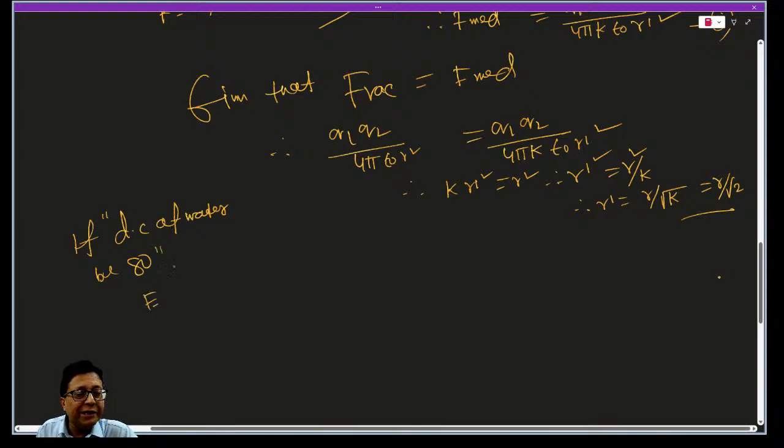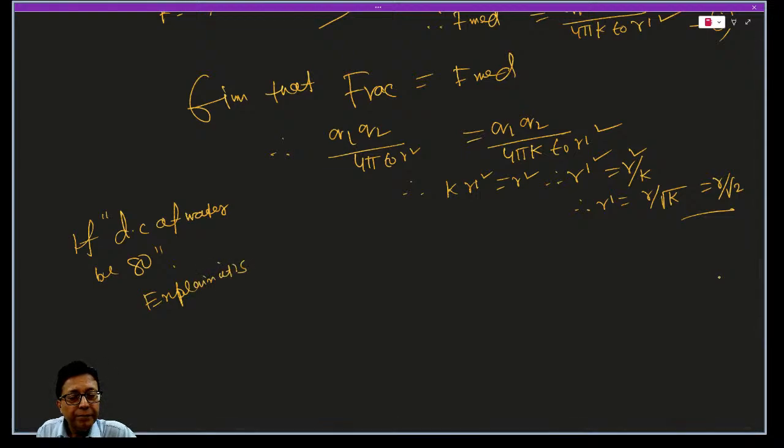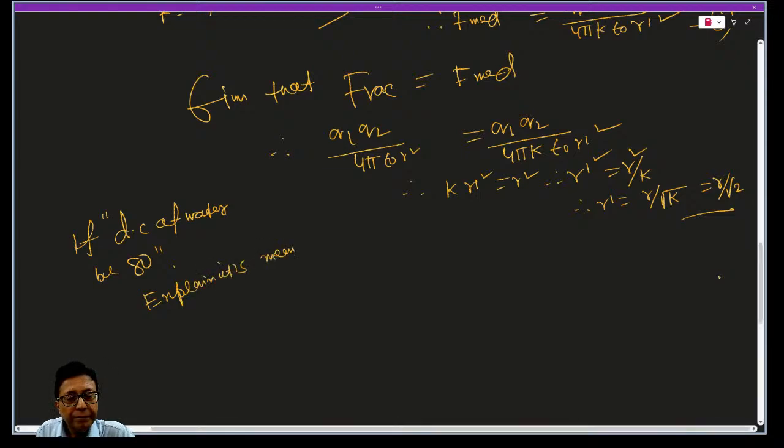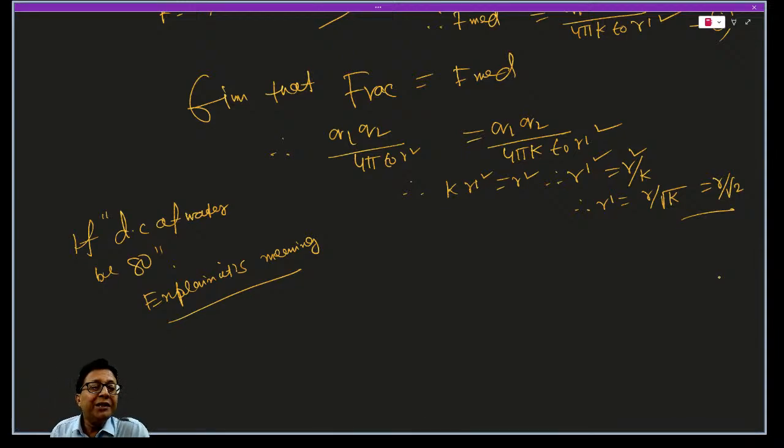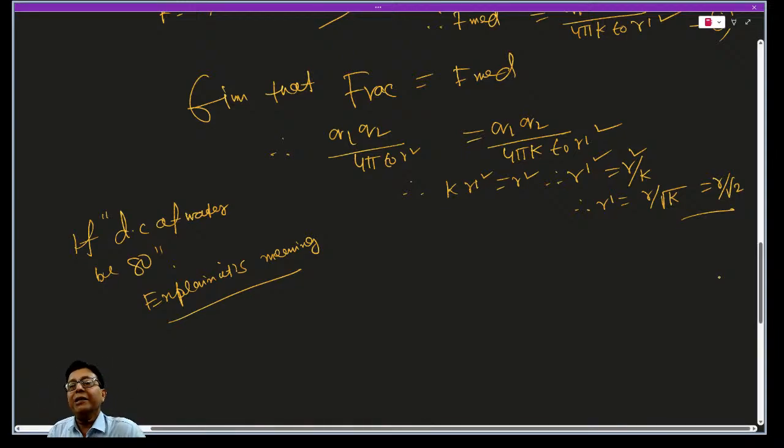Explain its meaning. This I am telling in details because you are going to solve two brilliant sums based on this. We will relate class 11 physics also. Yes. Explain the meaning of this statement, dielectric constant of water 80.